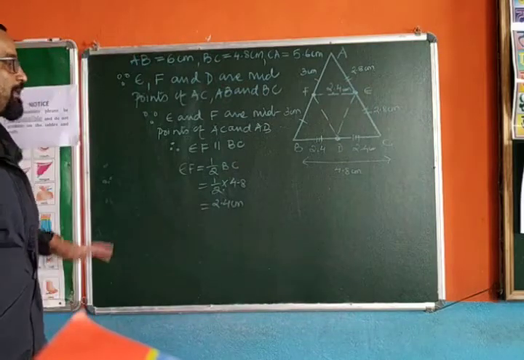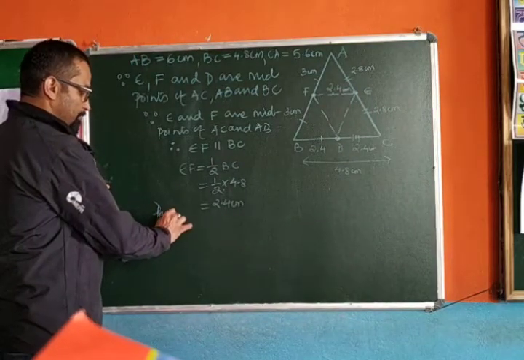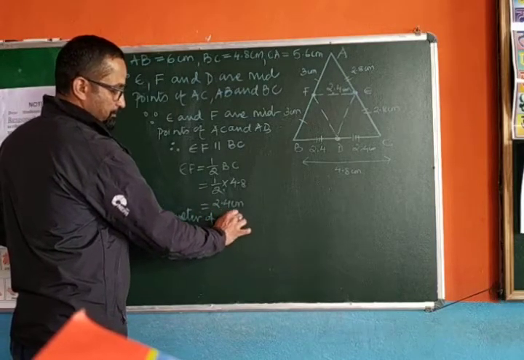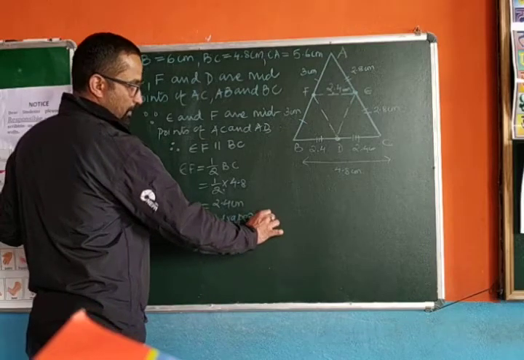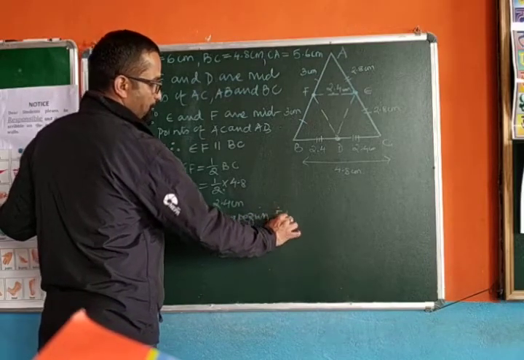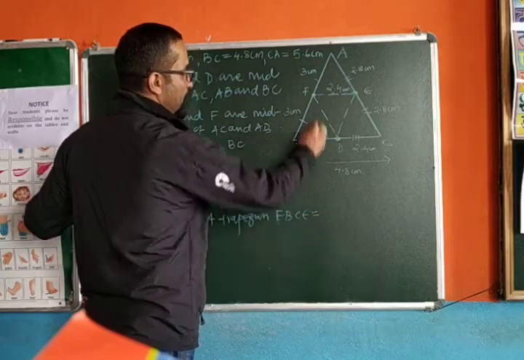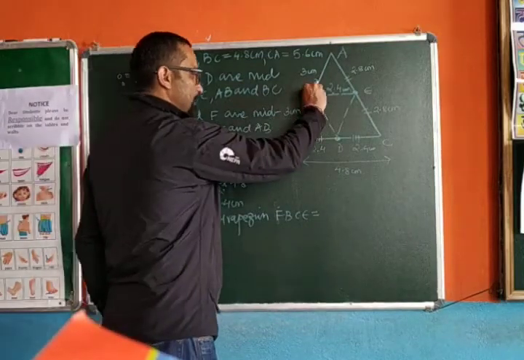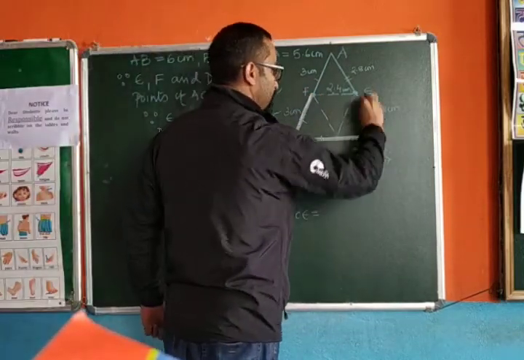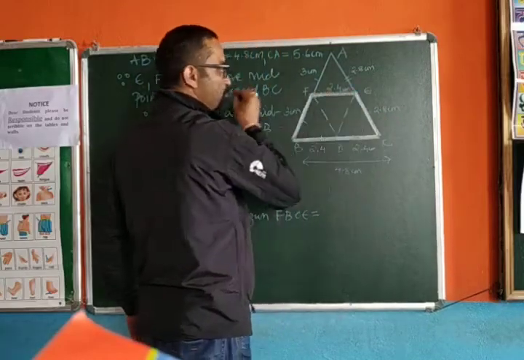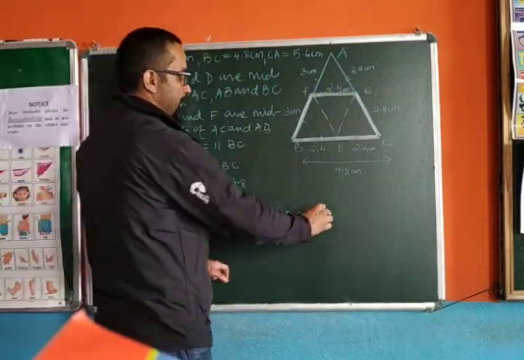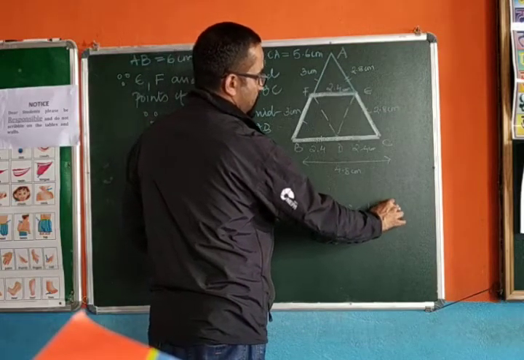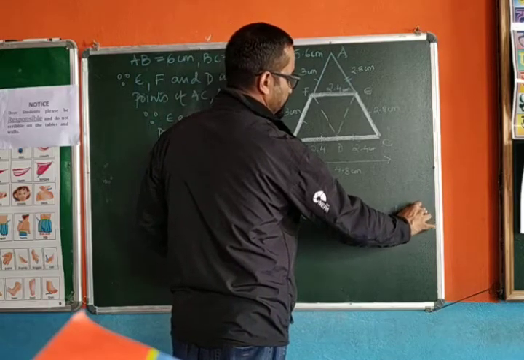Now you need to get the perimeter. Perimeter of trapezium FBCE equals, you just need to add all the sides of a four-sided figure. You'll get the perimeter, the length of the boundary. You can start writing like this: FB plus BC plus CE plus EF.